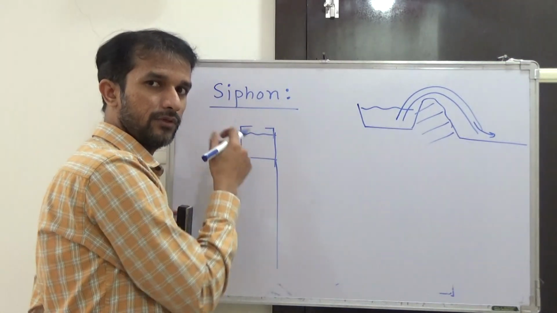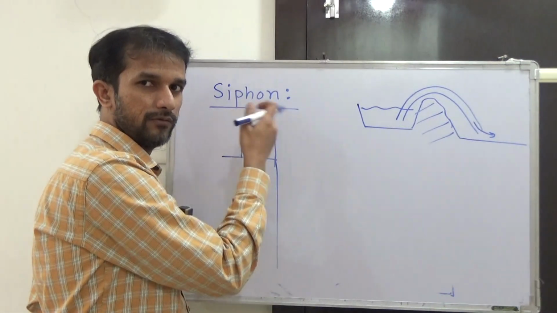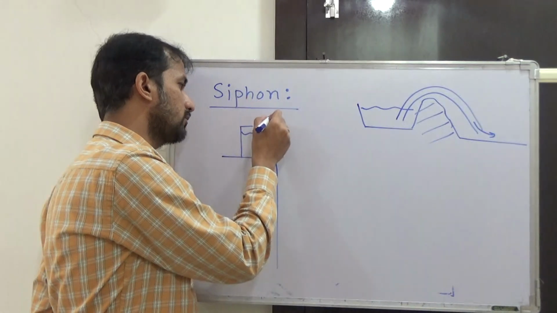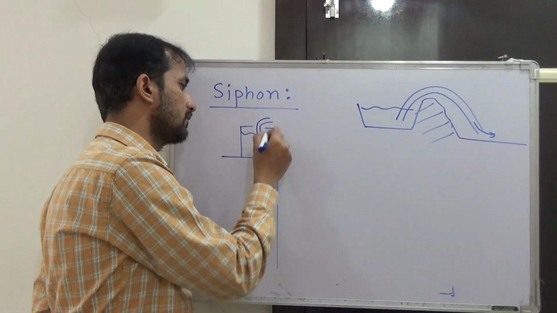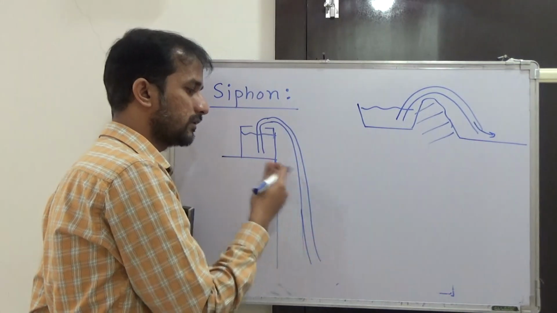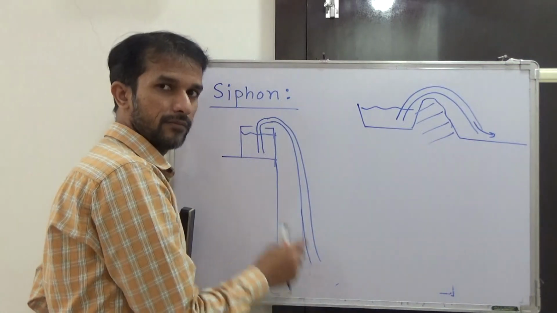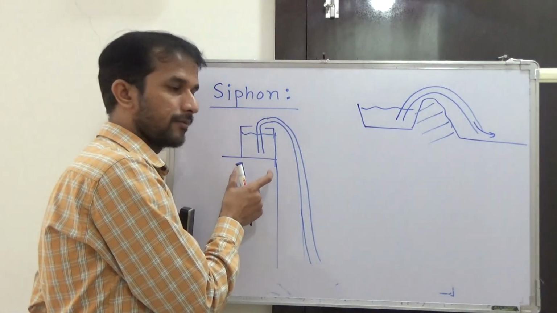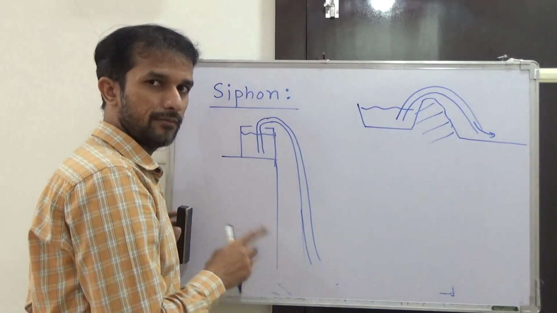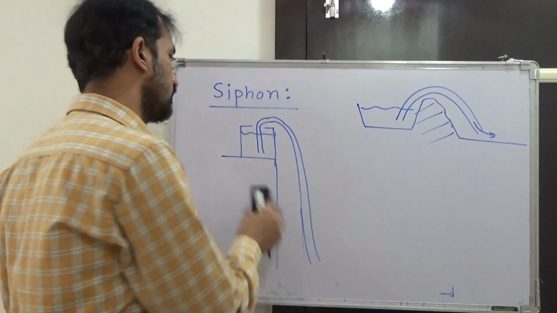The siphon concept can be used. I take a tube of larger length, fill it completely with water, dip one end of the tube into this tank and leave the other end of the tube at the lower side of the building. Then the complete water will get emptied. The tank can be made completely empty by the same method. This is the application of siphon. So how this happens, we will now see.